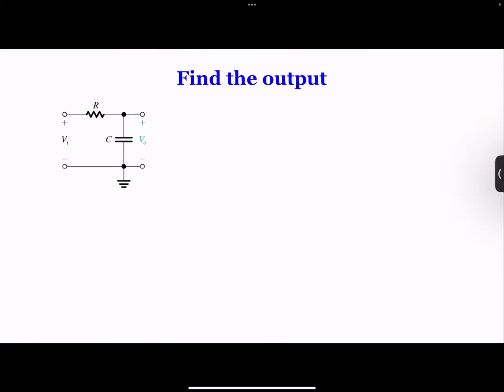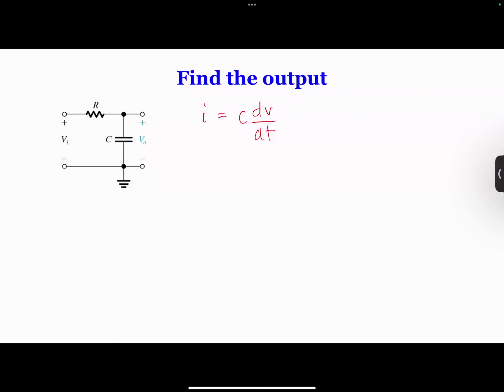So when you have a capacitor, it's a bad idea to connect a voltage source directly to a capacitor, because the equation that I wrote before is going to give you a very meaningful reason.